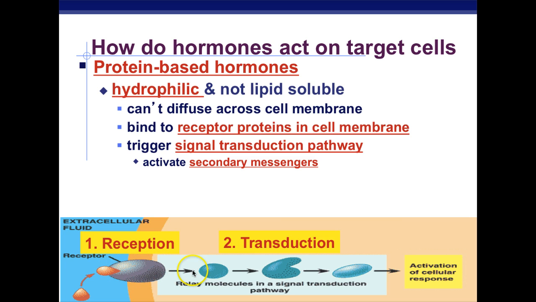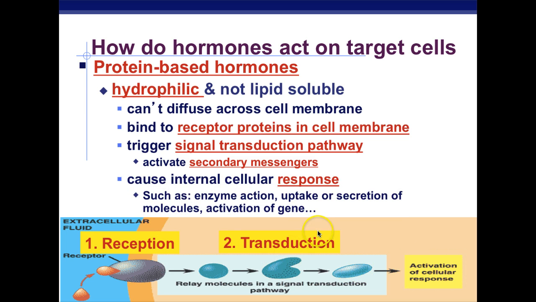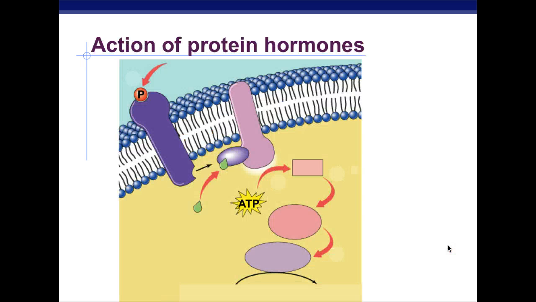The receptor then activates the rest of these proteins that eventually activate or cause an internal cellular response. It'll cause the cell to do something, such as activate some enzymes, or uptake or secrete molecules, or activate a gene.